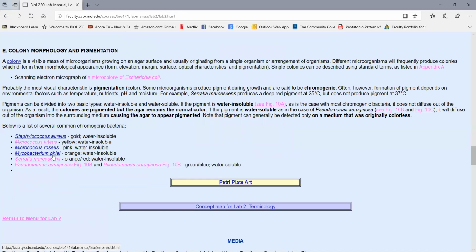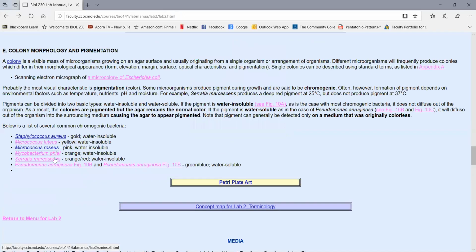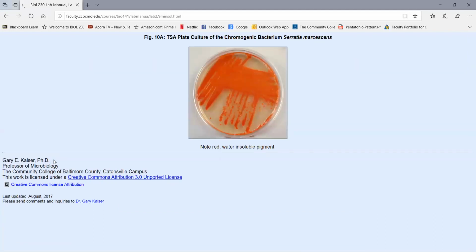Another one we're going to grow today is Mycobacterium phlei, and that produces an orange water insoluble pigment. So again, notice that the pigment is orange, but it hasn't diffused into the agar. The agar doesn't pick up the pigment, so again, that would be described as orange pigment, which is water insoluble. We'll also show you a demonstration plate of Serratia marcescens, which produces a red water insoluble pigment.